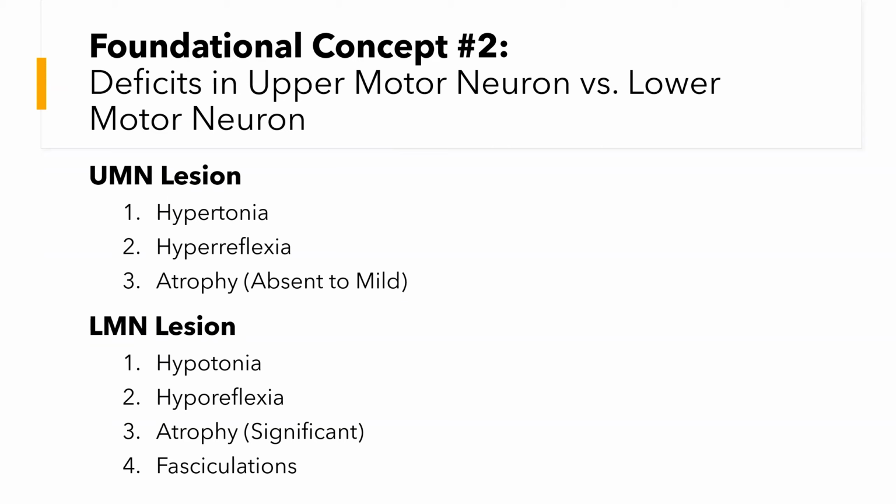And because those muscles aren't being stimulated by anything anymore, you're going to get significant atrophy, which is a different finding from the upper motor neuron lesions. And also you get fasciculations, which are kind of like ripples of movement in muscle groups on the surfaces of skin that are uncontrolled.